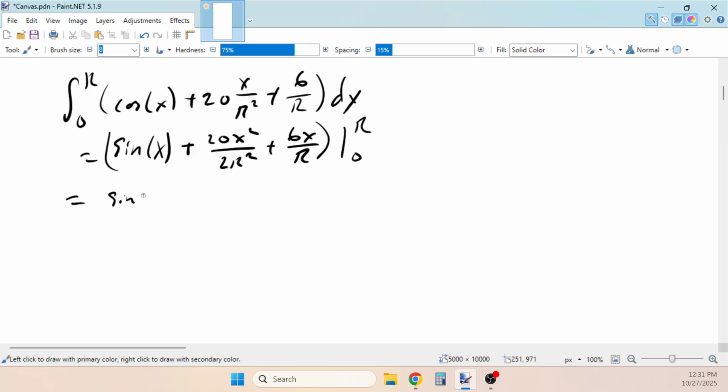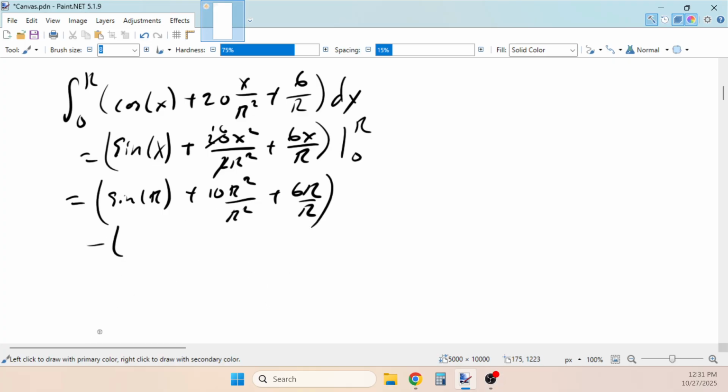Sine of pi, pi squared over pi over pi. Sine, all of that, sine of pi.